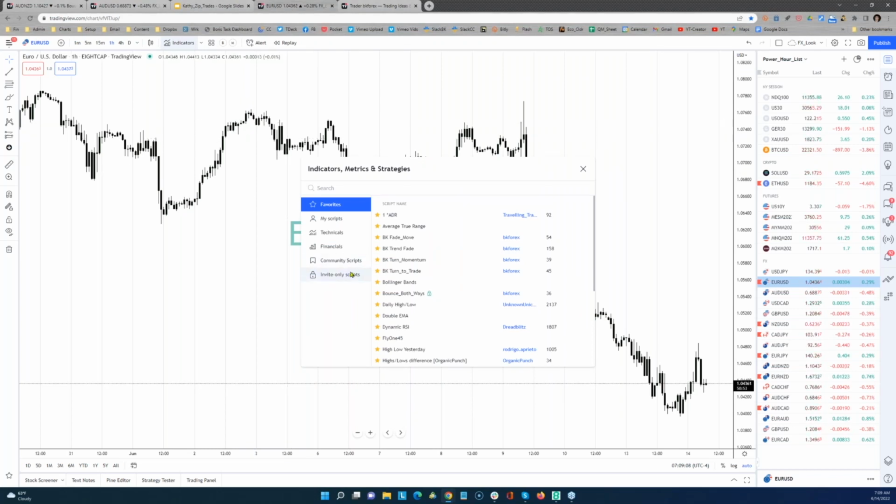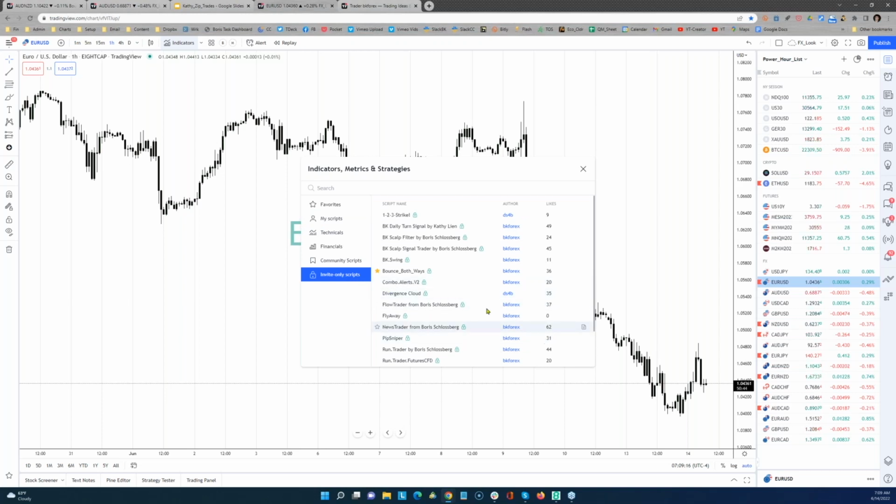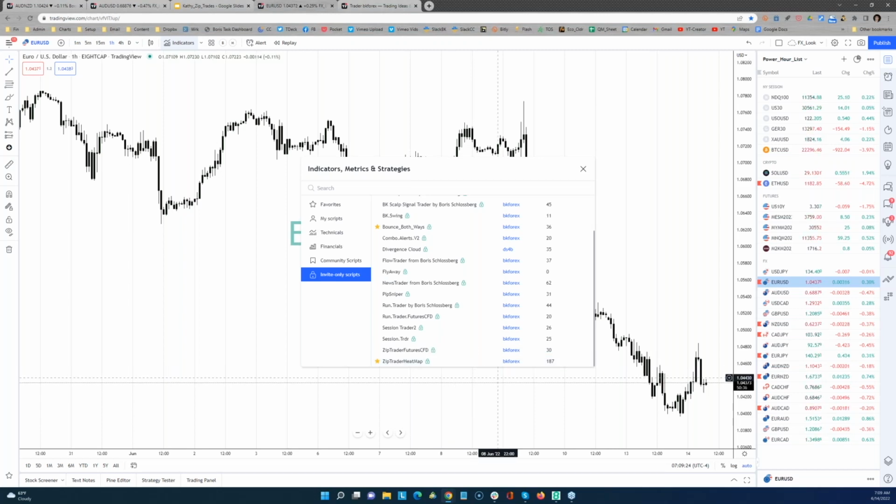There's a whole bunch of folders: community scripts, technicals, my scripts that you've written yourself. But you would click into invite-only, and you would see the little green lock, which means it's invitation-only access that you've been granted, for example, to Zip Trader, which is what I'm going to run you through first.